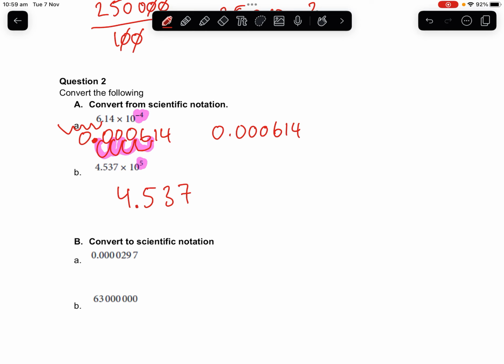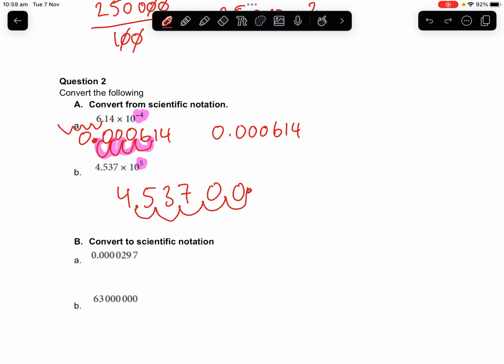The decimal is currently right here. Let's move it to the right 5 times. 1, 2, 3, 4, 5. We fill these areas with 0. You can also put 0.0 if it says correct to 1 decimal place or something like that, but you do not need to do that.